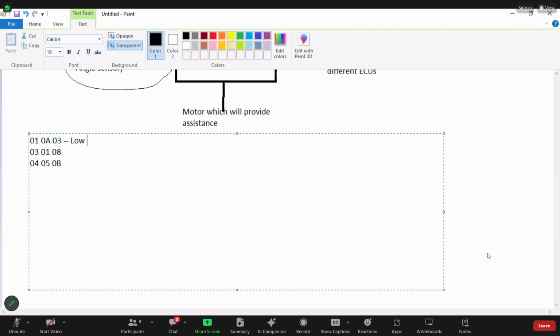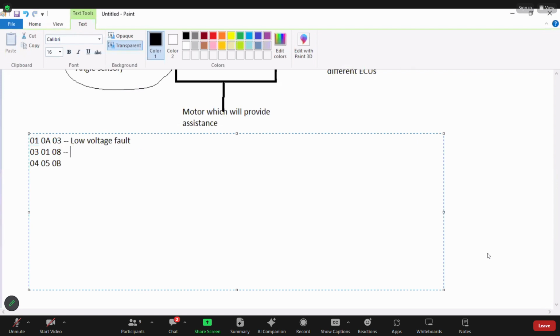Low voltage fault is now mapped with this DTC, and by seeing the manual we will come to know this DTC is logged because of low voltage fault.